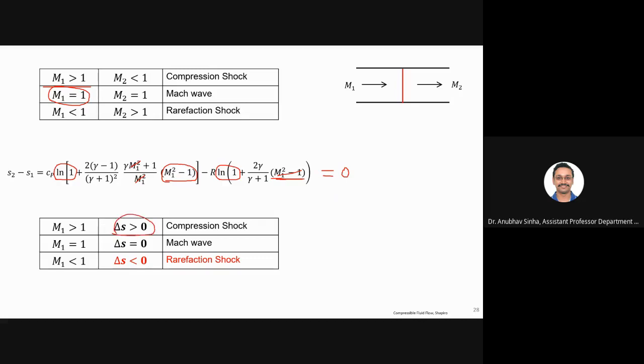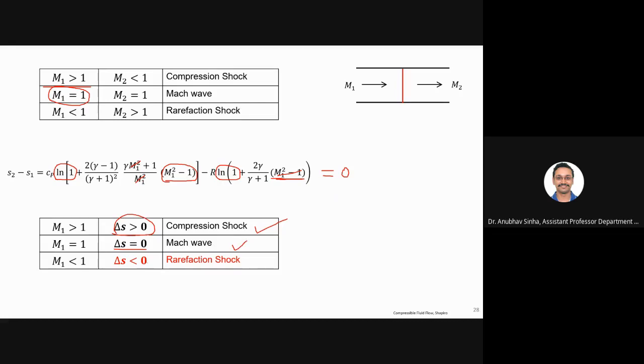It is actually a highly irreversible process, so entropy will be very high in this compression shock. Because it follows the second law, this is possible. Delta S is 0 is a limiting case, but still we have no problem with the second law, this is possible.